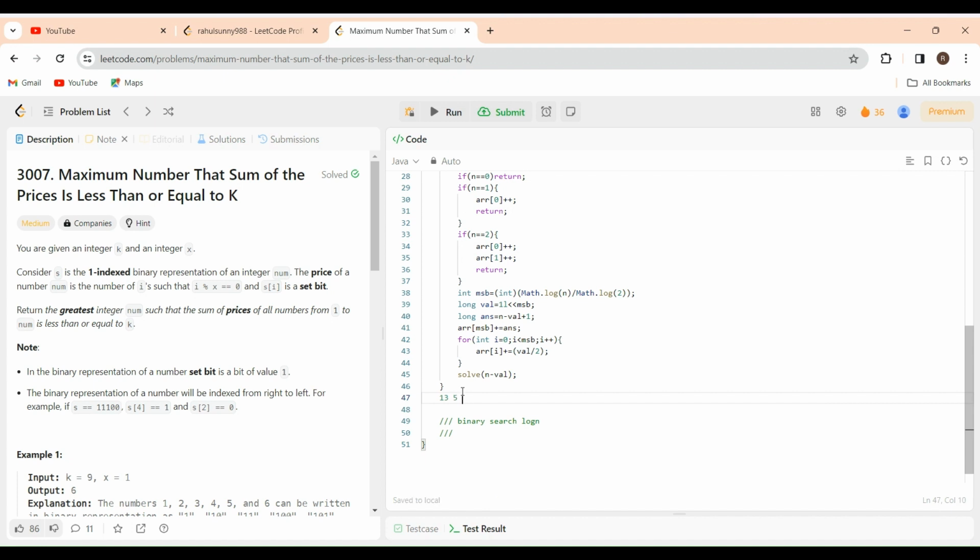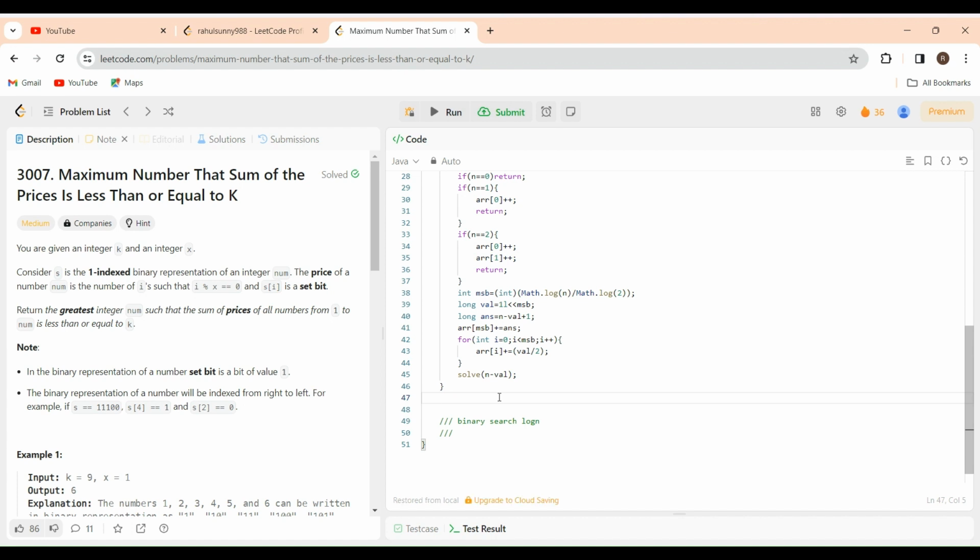From 5 we go to 1. So we are decreasing it by 8, then 4, and so on. For example, 16, 8, 4, 2, and 1, right? In this way we are decreasing, so this is a logarithmic approach only, right?